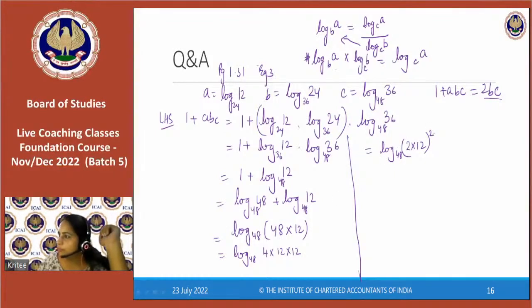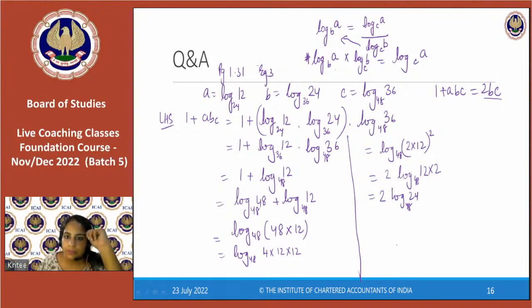Log m raised to the power n becomes n log m. Or we can write this as 24. So we have twice of log 24 to the base 48.